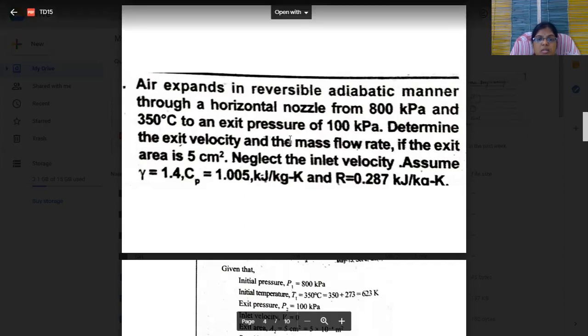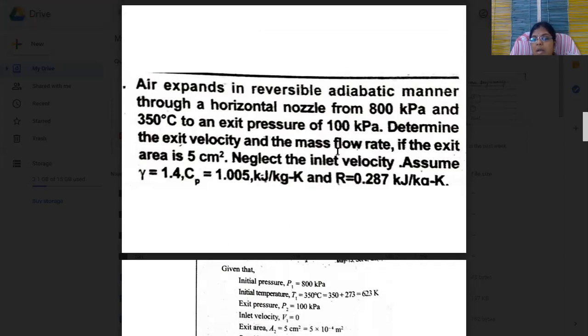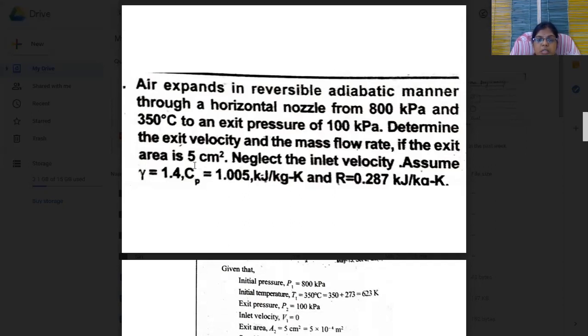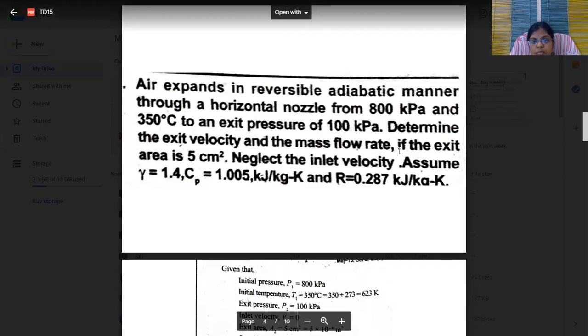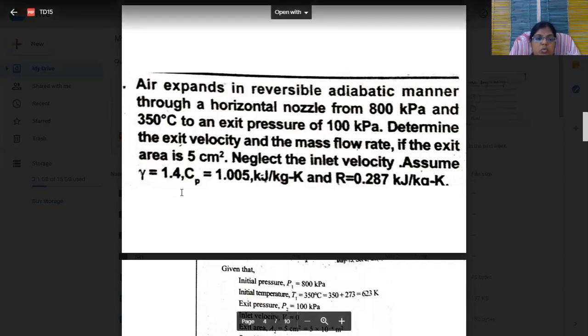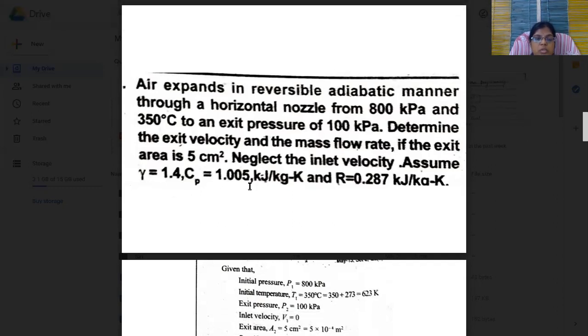Determine the exit velocity V2 and mass flow rate m dot, if the exit area A2 is 5 square centimeters. Neglect the inlet velocity. Assume gamma is equal to 1.4, Cp is equal to 1.005 kilojoule per kg Kelvin.